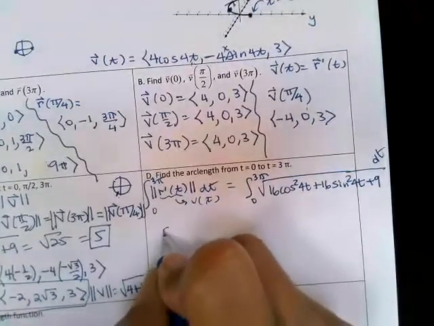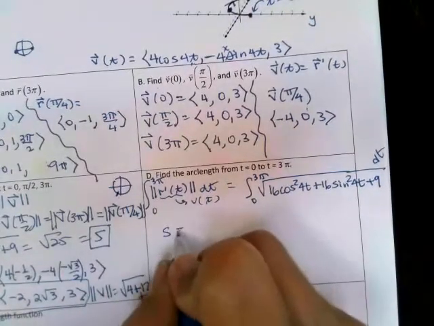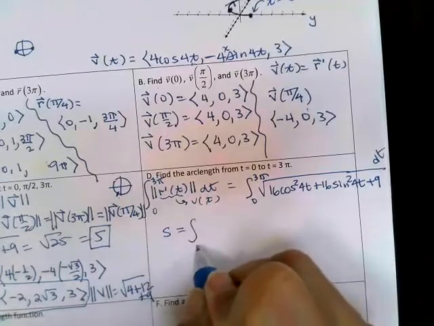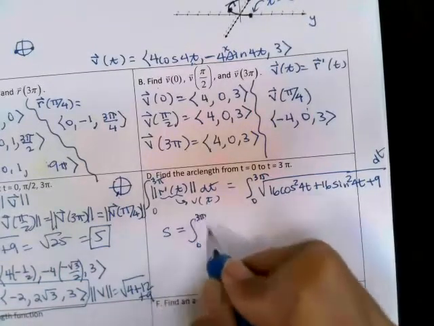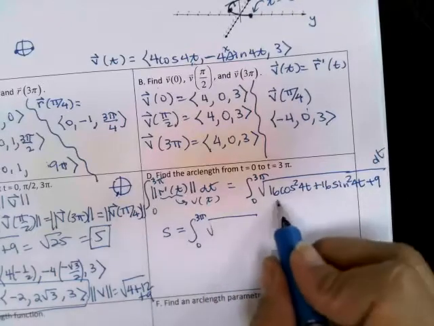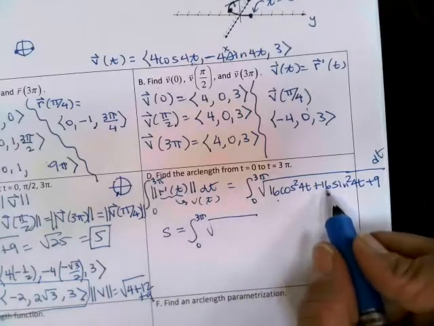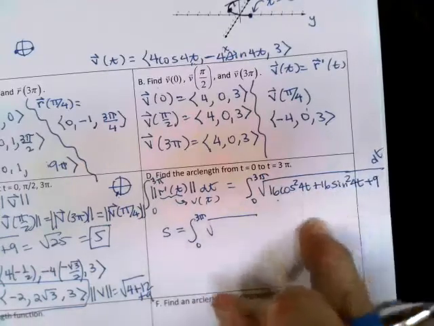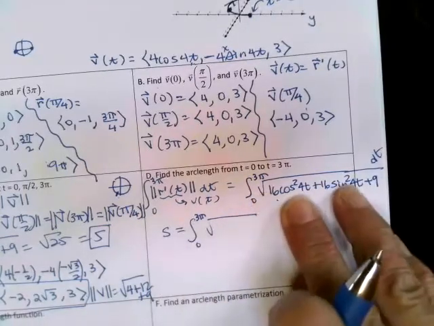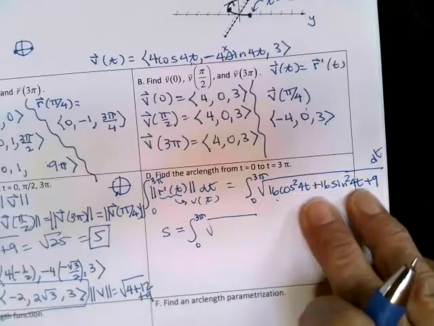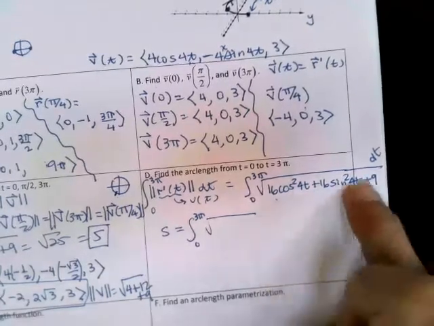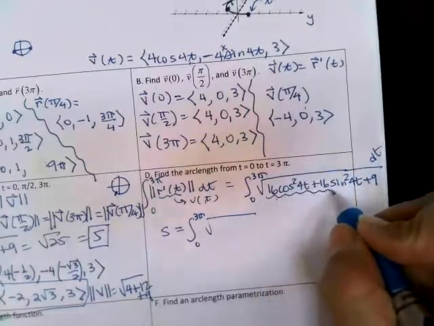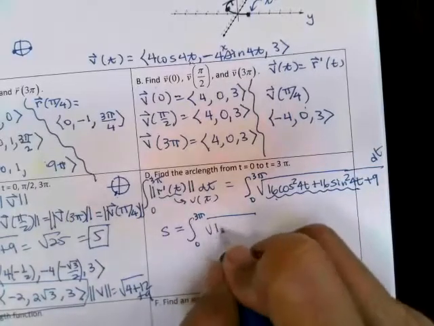So arc length S equals the integral from 0 to 3 pi of 16 cosine squared 4t plus 16 sine squared 4t. A little bit of trig and a little bit of algebra: factor out the 16. You'll get a cosine squared plus a sine squared, same argument, that's a 1. So these two terms that I'm going to squiggle underneath, that's a 1.